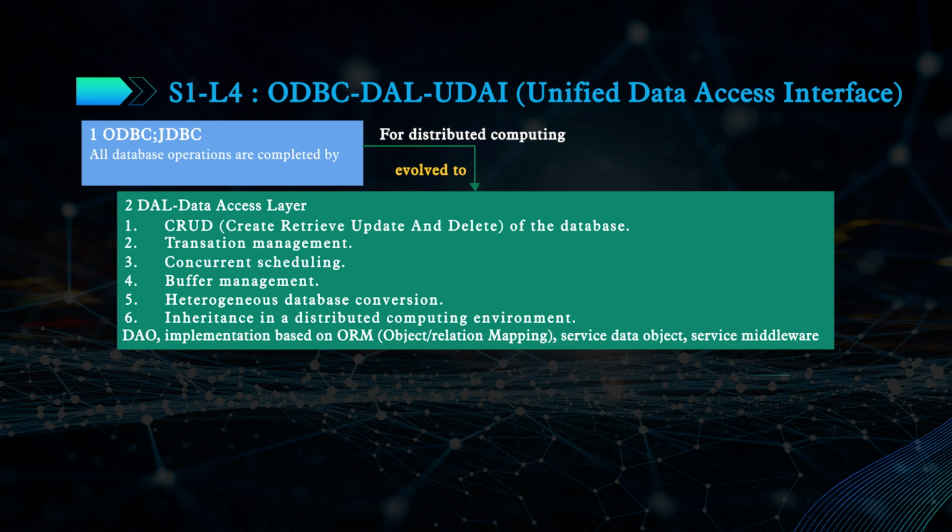There are many ways to implement the data access layer. The common ones are data access objects, DAO, implementation based on ORM, object relation mapping, service data object, and service middleware.